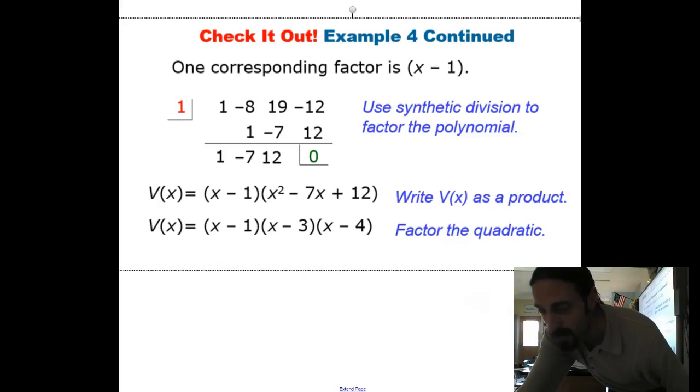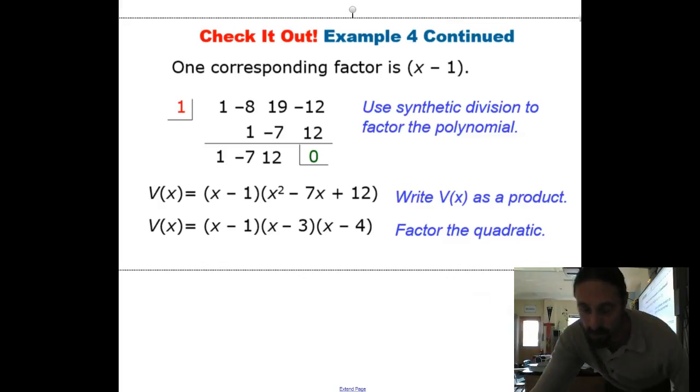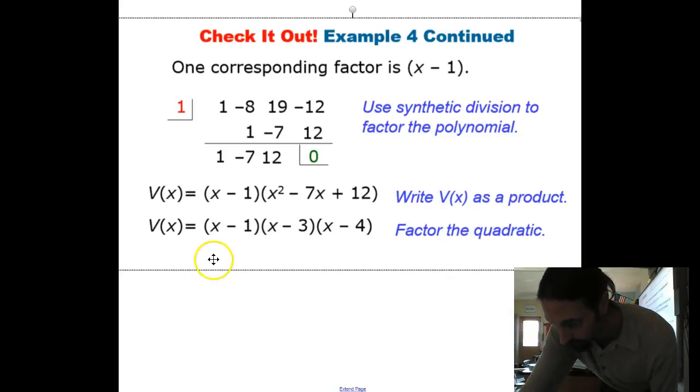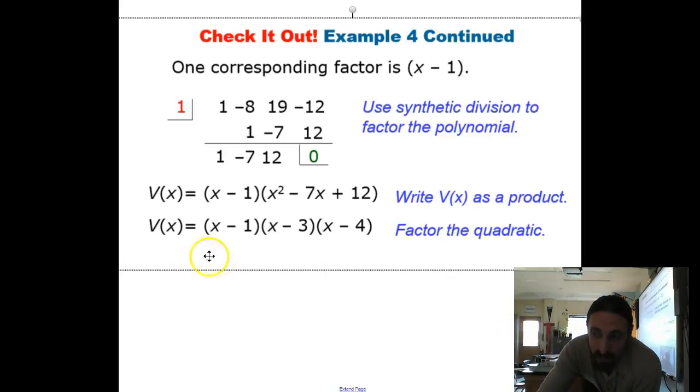Now the book goes into this example of synthetic substitution really just as a way to check. So if you said, hey, well, x minus 1 is a factor, you can set up your synthetic substitution and you can check that. But this is a really helpful way to factor a polynomial that you just can't look at. Because if you recognize, wait a minute, it's got a 0 at x is equal to 1, then you know x minus 1 is a factor.